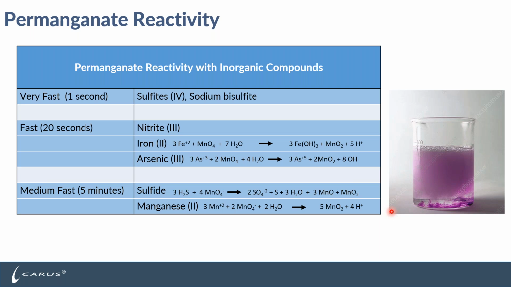Some of the classic reactions with inorganic contaminants include oxidation of soluble iron to the insoluble iron oxides, oxidation of soluble manganese to insoluble manganese oxides, the rapid oxidation of reduced sulfur compounds like hydrogen sulfide, and also the oxidation of pyrophoric iron sulfide, which is commonly used during refinery turnarounds and tank cleanings in the oil and gas industry.